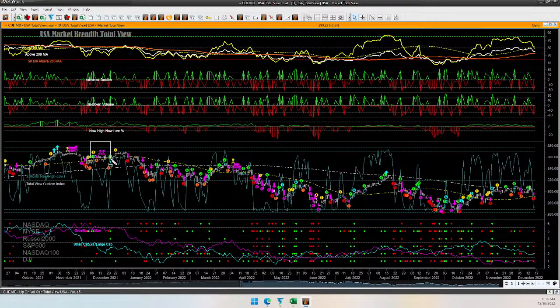Something interesting happened in December last year, and I'm pointing to these skull signals, the Hindenburg signals that came right in December 2021. Hindenburg is a very unique signal, a market breadth indicator that comes at the very top when the market is making a new high, or enough stocks are making new highs.